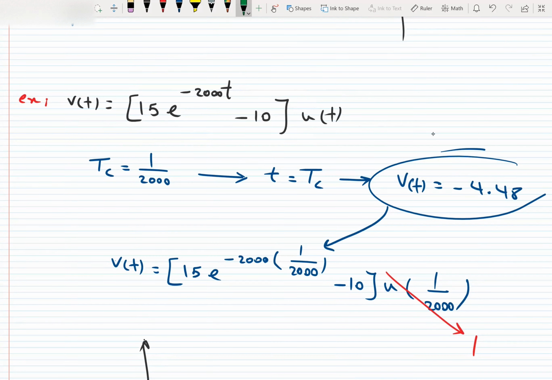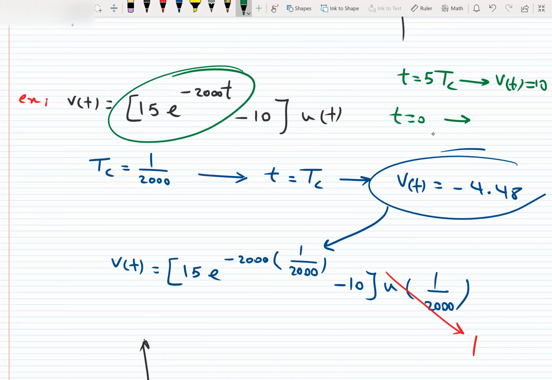At t equal to 0, this term will be equal to 15, and 15 minus 10 is equal to 5. So at t equal to 0, v of t is equal to 5.